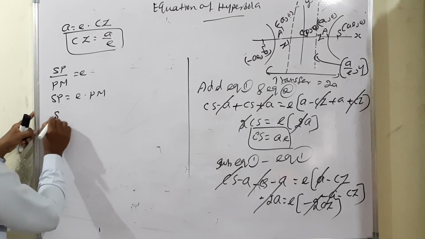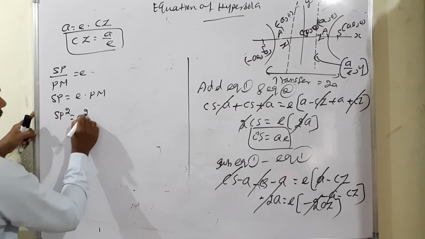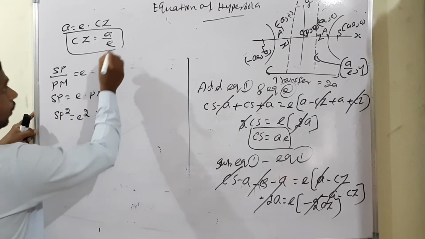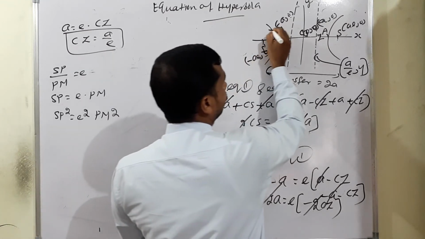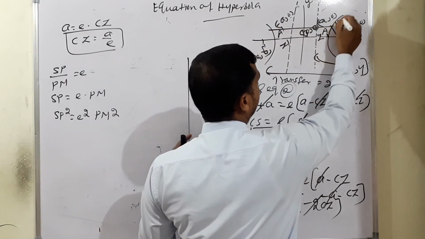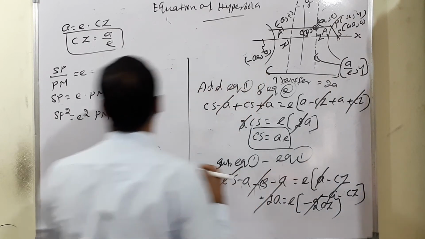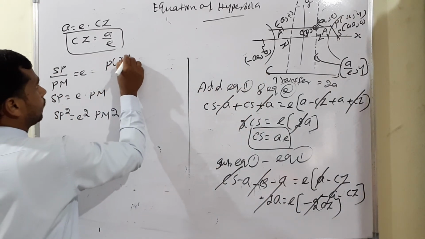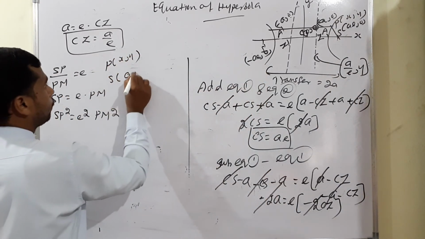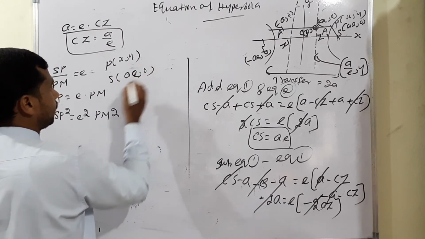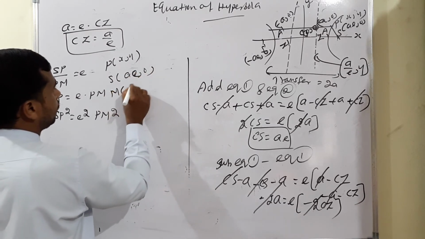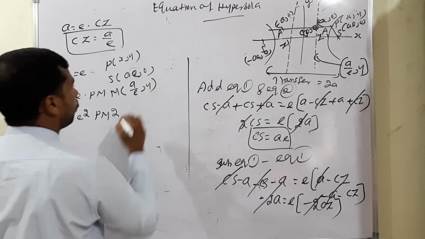Squaring both sides, SP square is equal to E square into PM square. If you take a point P on the curve, we consider it as x comma y. The focus is AE comma 0, and M is A by E comma y.